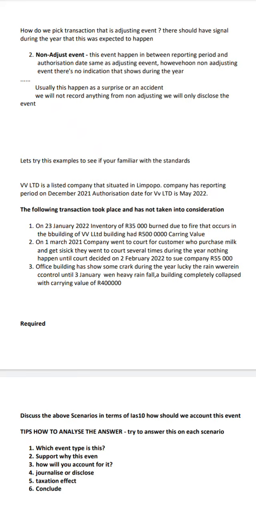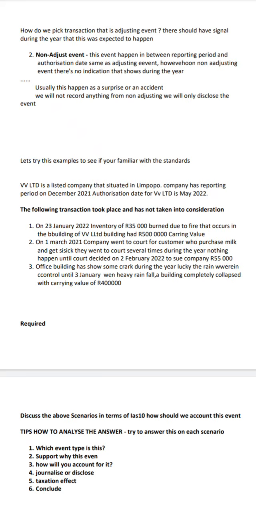Simple as that. Number 3, the office building showed some cracks during the year. The rains were likely under control until 3 January, when there was heavy rainfall and the building completely collapsed with a carrying value of 400,000. Okay, so now the other transaction, here it is.